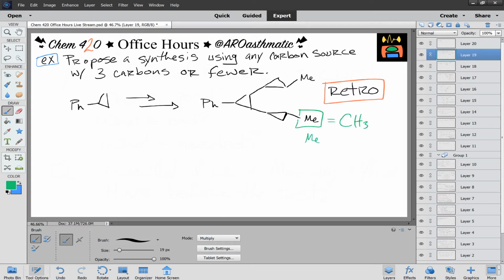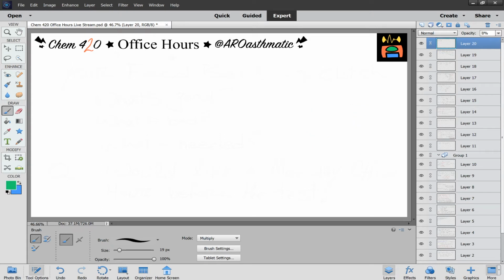So Me equals methyl. Just in case you were wondering what that was. Oh wait, I drew the wrong thing over here. Hang on. I'm pretty sure I drew this as the cis. Double cis.